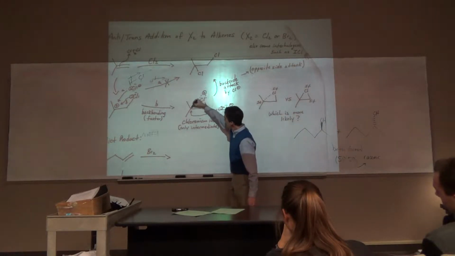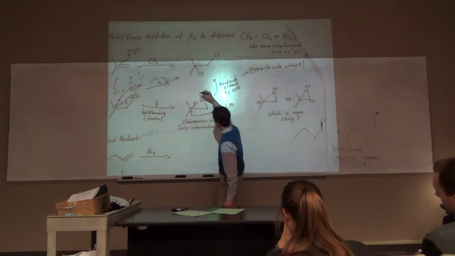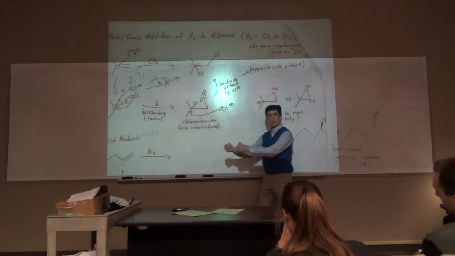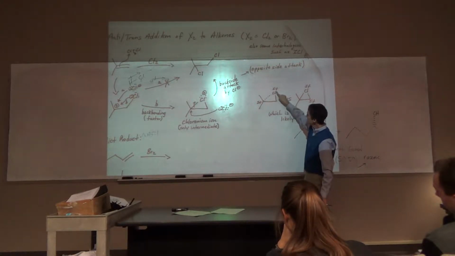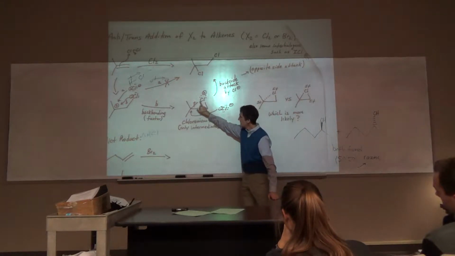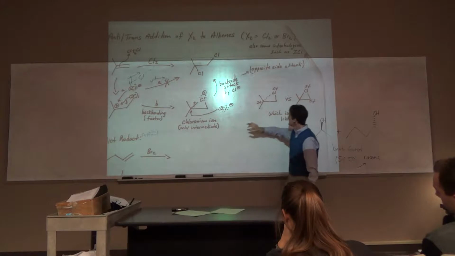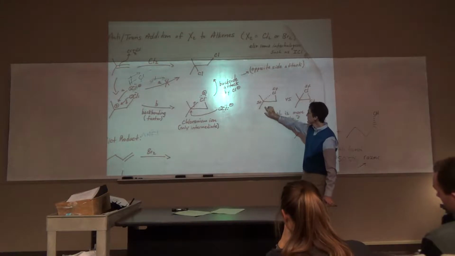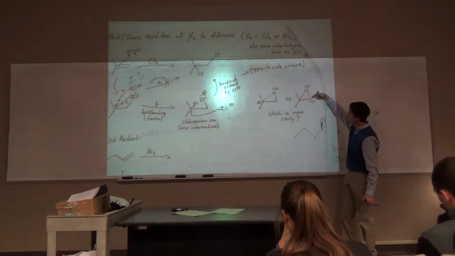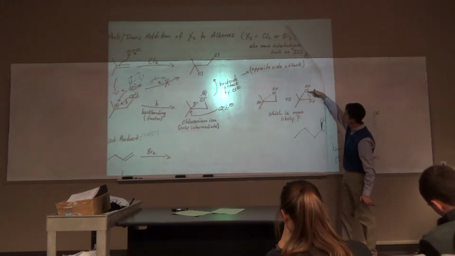Even though the chlorine is bonded, it's still very electronegative, so it pulls on those electrons. It can pull on these electrons and weaken this bond, and that would lead to this being only partial plus, and that would be partial plus. Or it could pull on this carbon and weaken that bond.